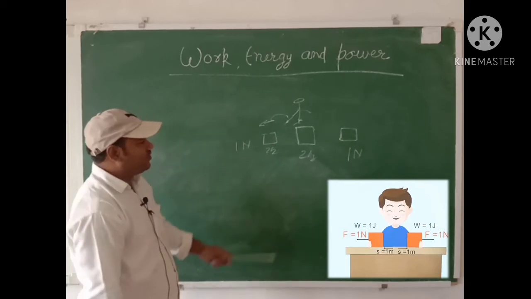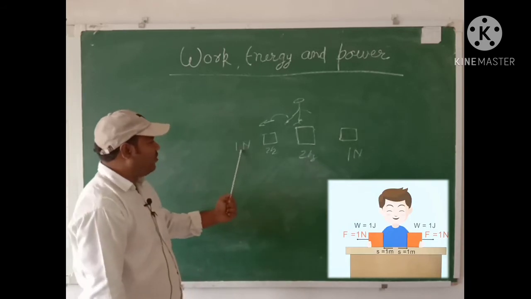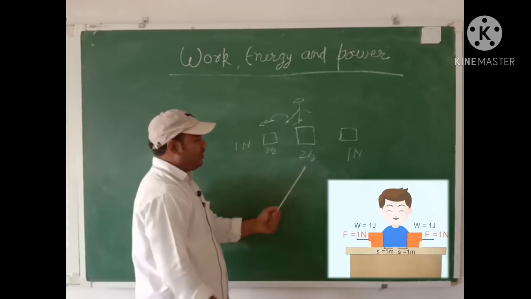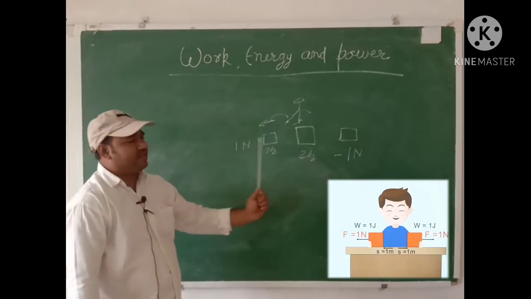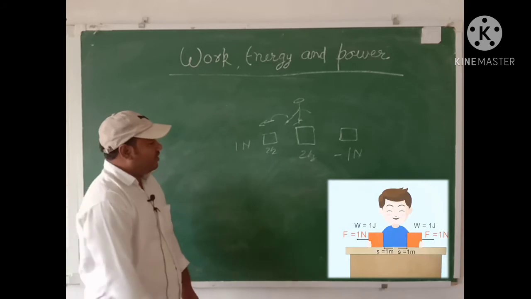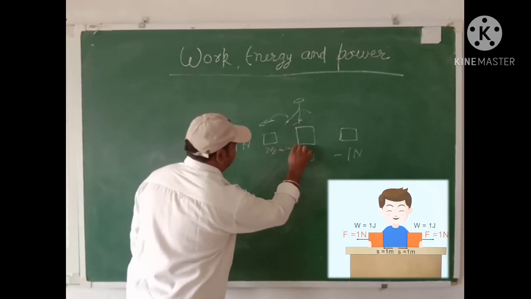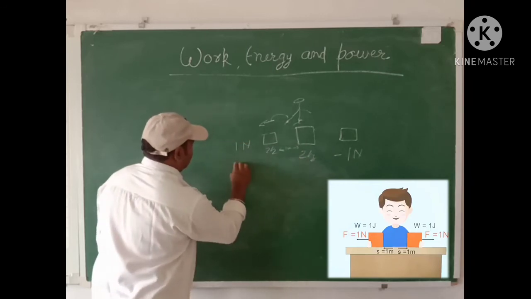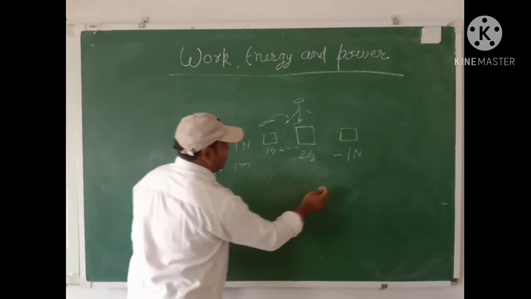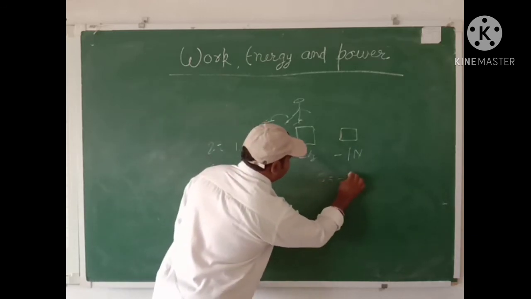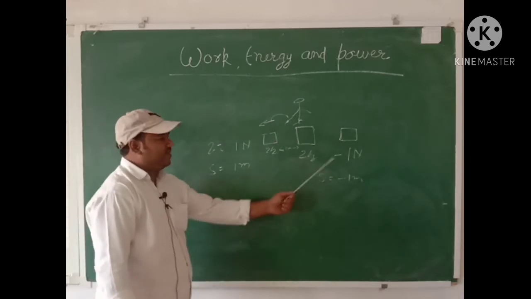Since the force is being applied oppositely, if I have applied 1 Newton of force this side, definitely this will be a minus sign, because here the force I applied is in the opposite direction. Here the distance, suppose it has traveled 1 meter. So this is S, this is F, and here also the distance is minus 1 m, because the direction is opposite.